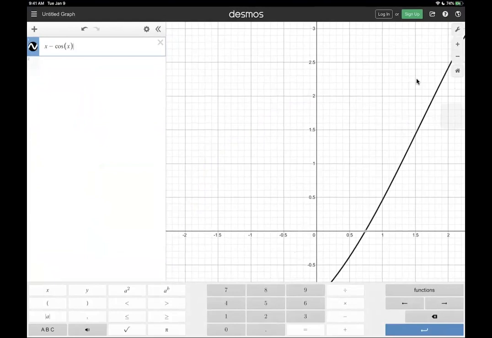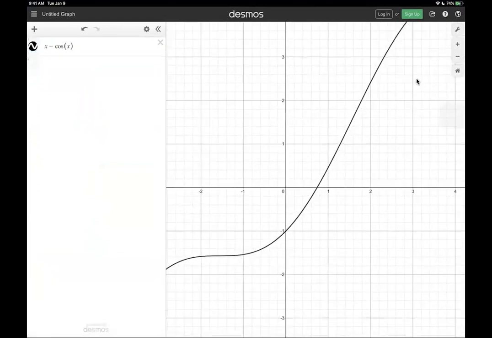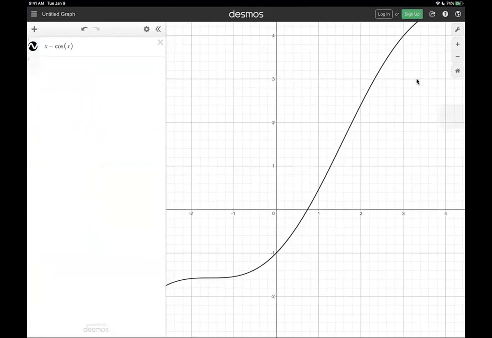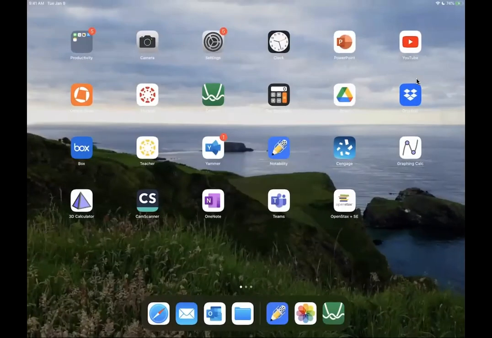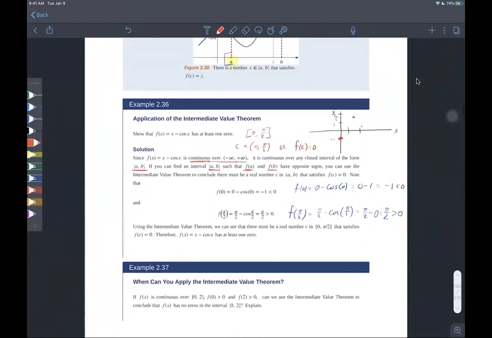And here is the function. So there we have our point, 0, negative 1, and then whatever pi over 2 is. You can see it crosses the x-axis right there. All right, very good. Almost done.